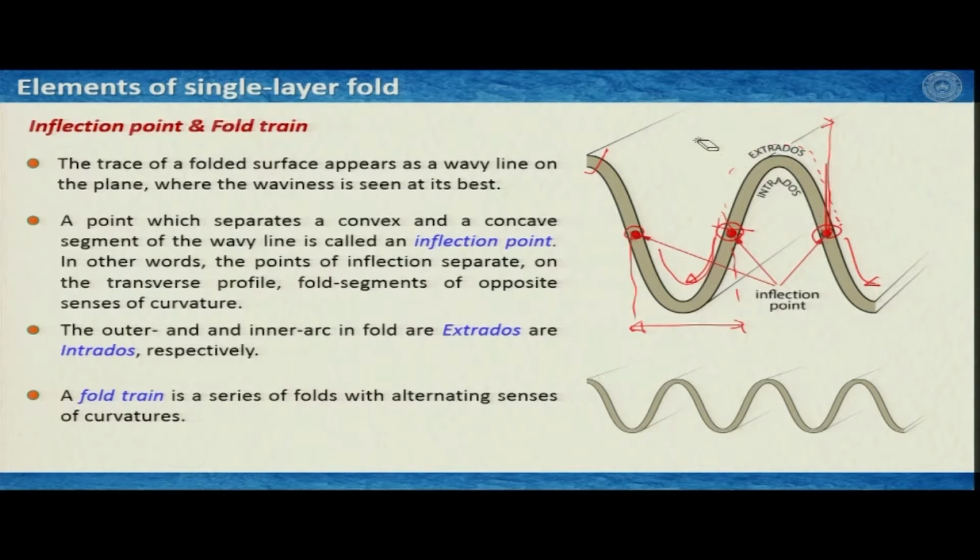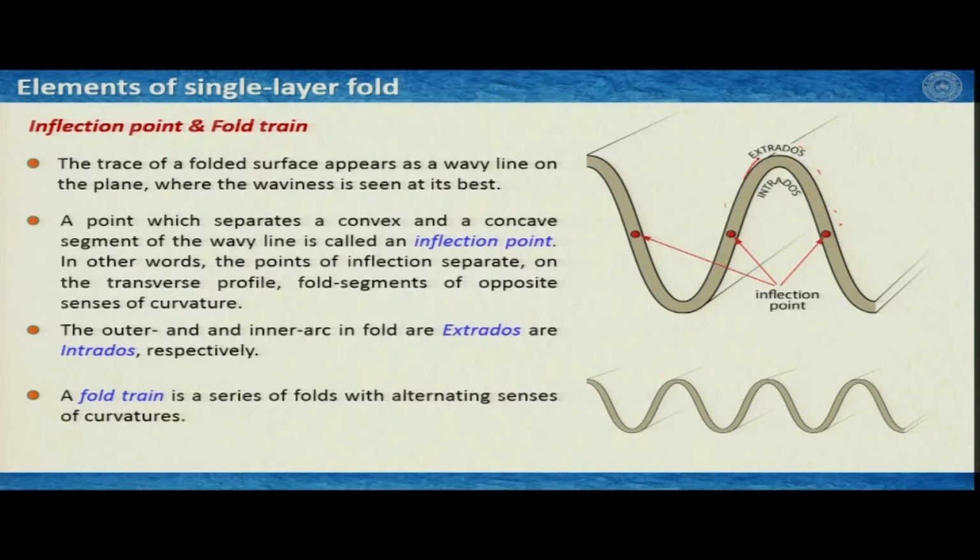At the same time, we will learn another term which is called extrados and intrados. This is a relatively easier term to understand. The outer and inner arc in the fold are extrados and intrados respectively, as it is written here.